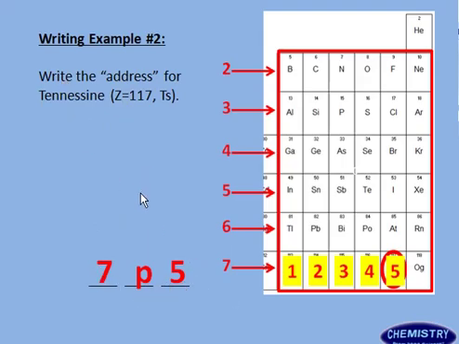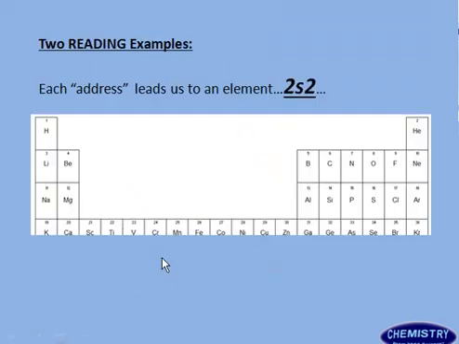So those are the two writing examples. Now what about reading? Each address leads us to an element. So 2S2 is an element's address. And we've already used this, so I thought we would step through this example first. Again, starting with the periodic table block, we've got the S block.